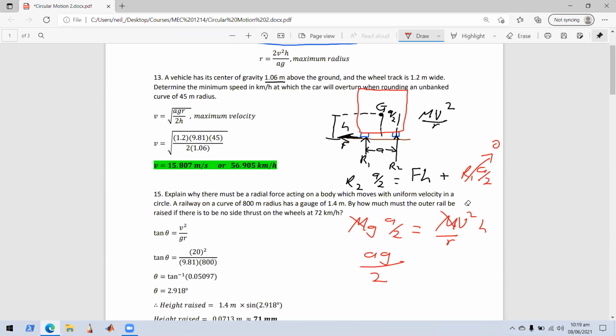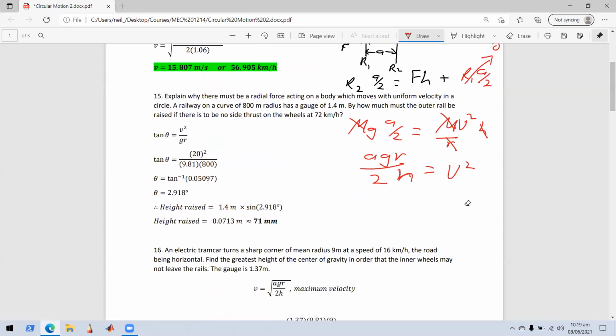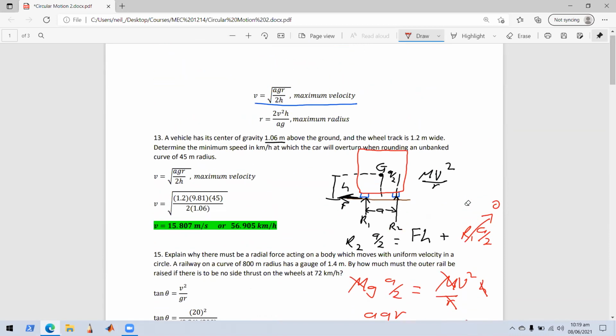Same thing here. Multiplied by R, we take over the R. Divide by H, we take over the H. H is equal to V squared. So therefore, we end up with V is equal to the square root of AgR divided by 2H, which is what we have here. And this is just the form of a maximum velocity.